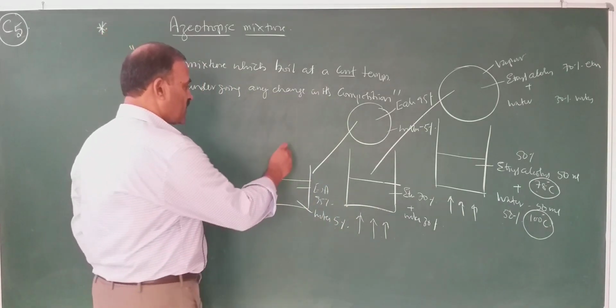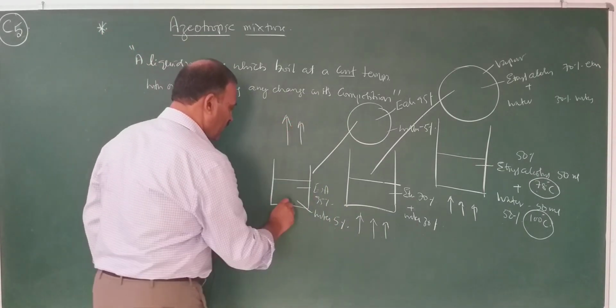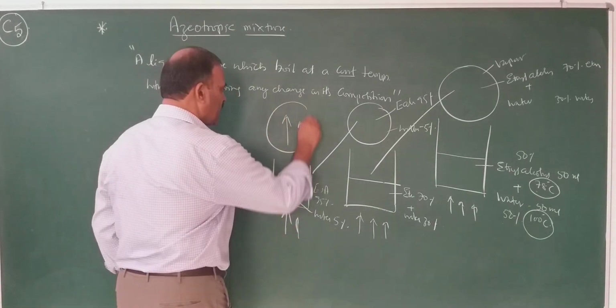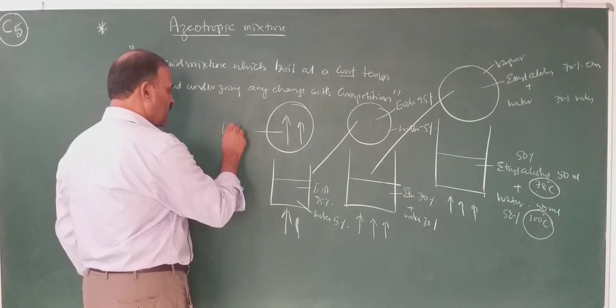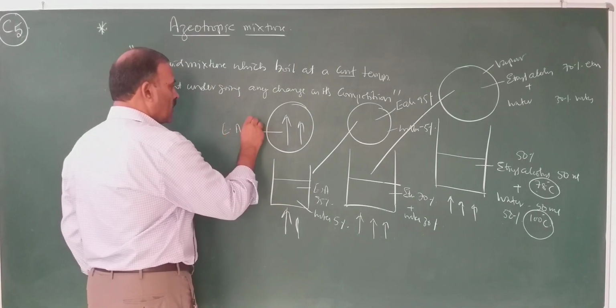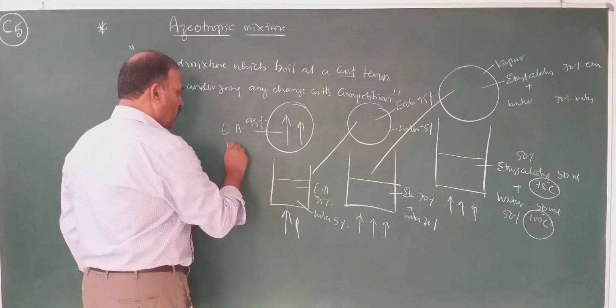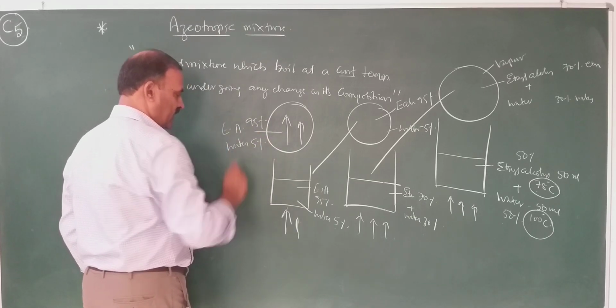When this liquid mixture is distilled again, you will get the vapor where the composition does not change: ethyl alcohol 95% and water 5%.